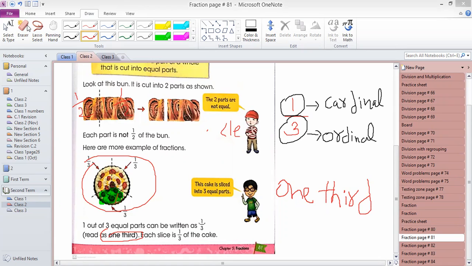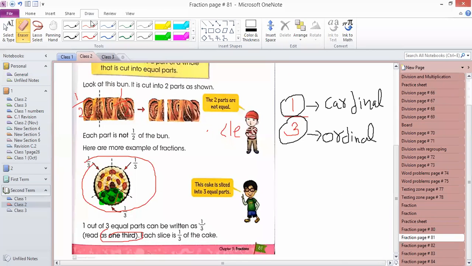So, guys, you can read it as one third. If I change it here, if I write a fraction, let's suppose 2/3. The fraction is 2/3. Let's suppose I want to eat 2 pieces of this cake.